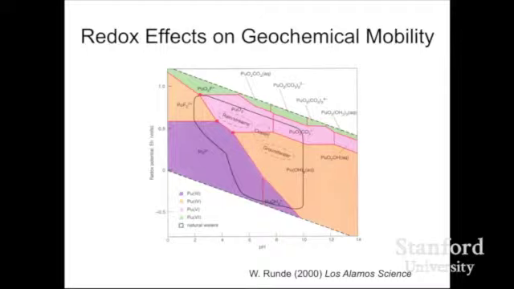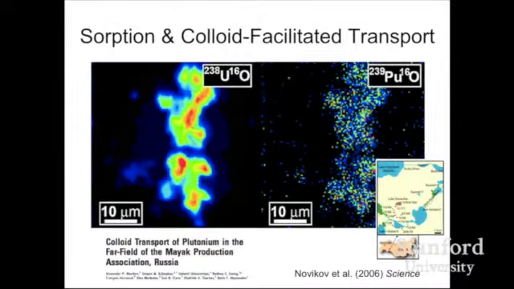And under oxidizing conditions, a little bit of carbonated water, like water in equilibrium with the atmosphere, really holds the plutonium in solution. So the solubility is low, but the mobility is relatively high.